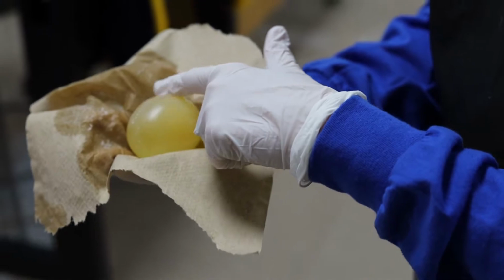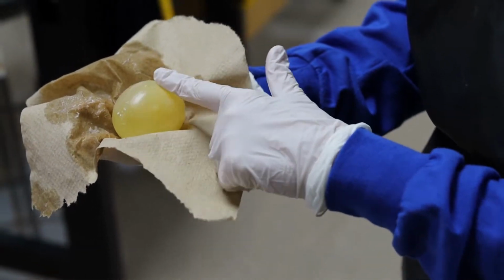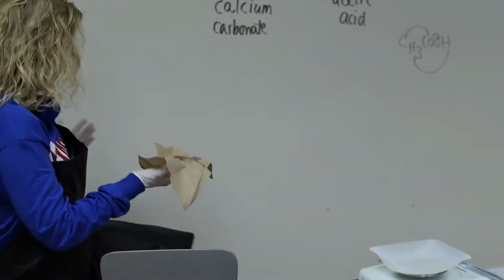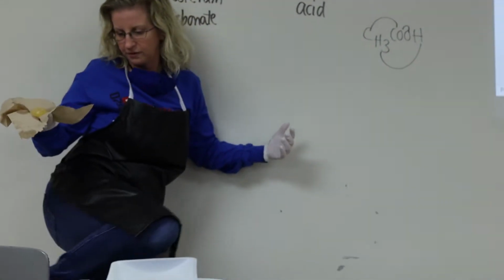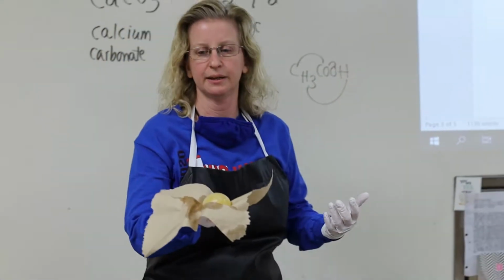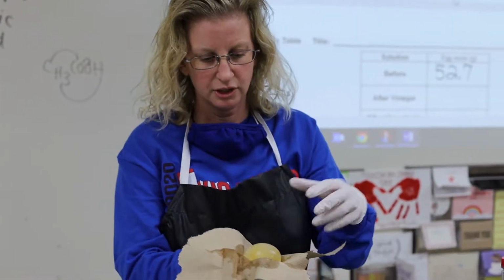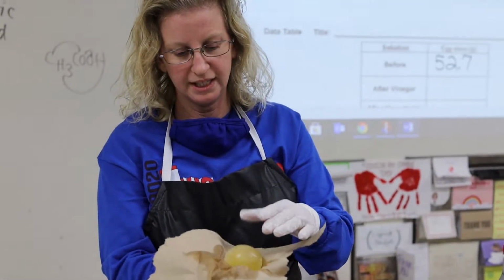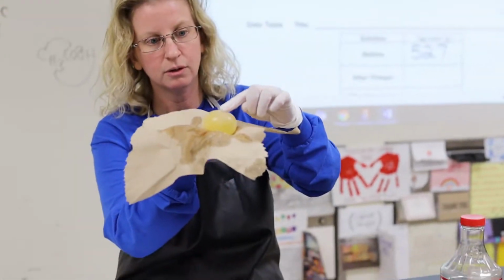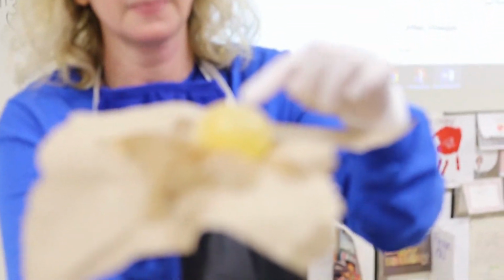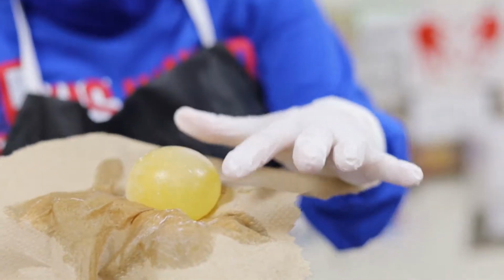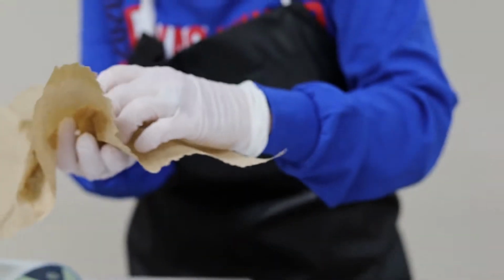Well, that reaction was breaking down the eggshell, and so now it's gone. We had to do that first because that eggshell was preventing any diffusion from happening. We had to get rid of that eggshell so materials could move in and out of the egg, because now we have a cell membrane. The cell membrane is going to control what goes in and out.